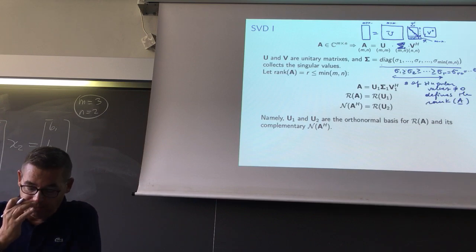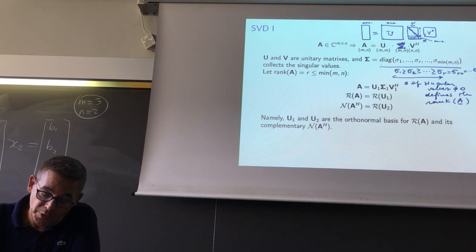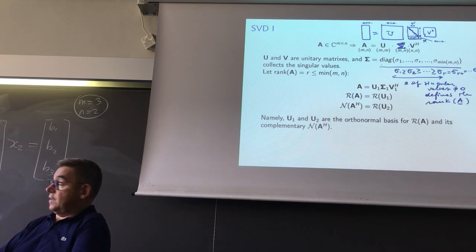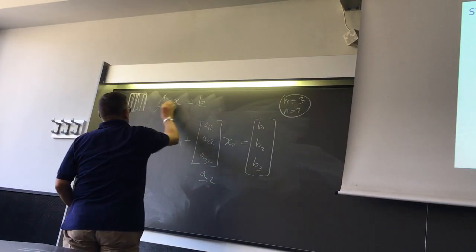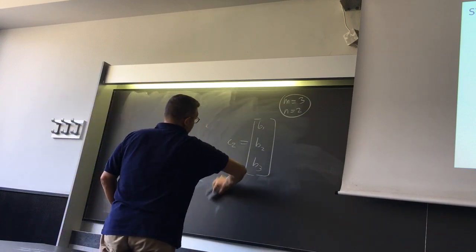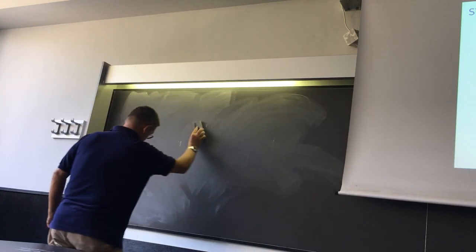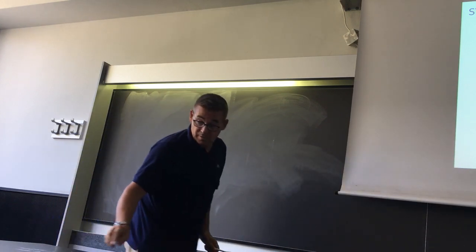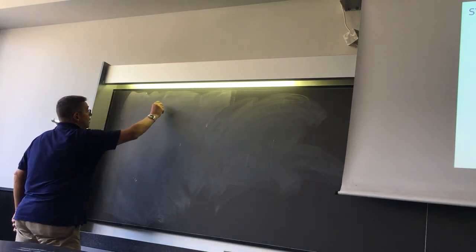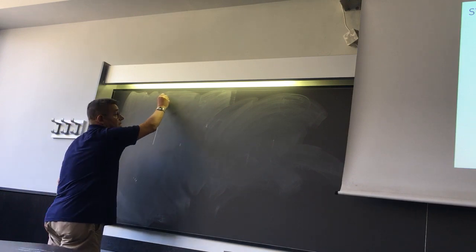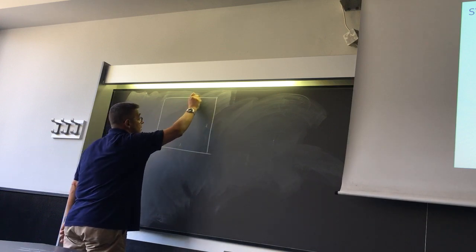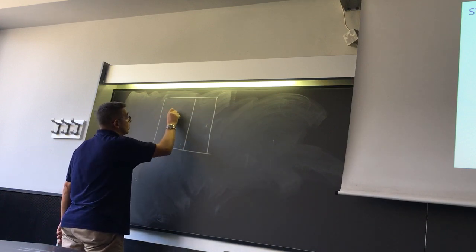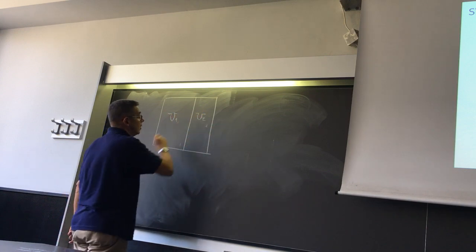Once more, we know that the matrix U can be decomposed in two parts. The matrix U, which is the big one, can be decomposed into U1 and U2.